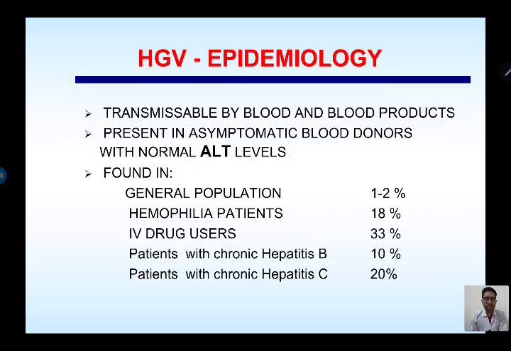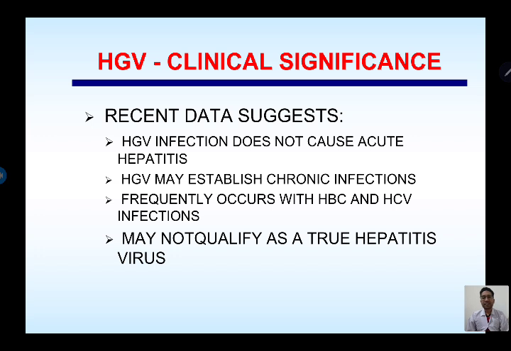Hepatitis G virus epidemiology: transmissible by the blood and the blood products, present in the asymptomatic blood donors with normal ALT levels, found in general populations, hemophilia patients, IV drug users, patients with chronic hepatitis B, patients with chronic hepatitis C. The recent clinical significance is hepatitis G virus infection does not cause acute hepatitis.